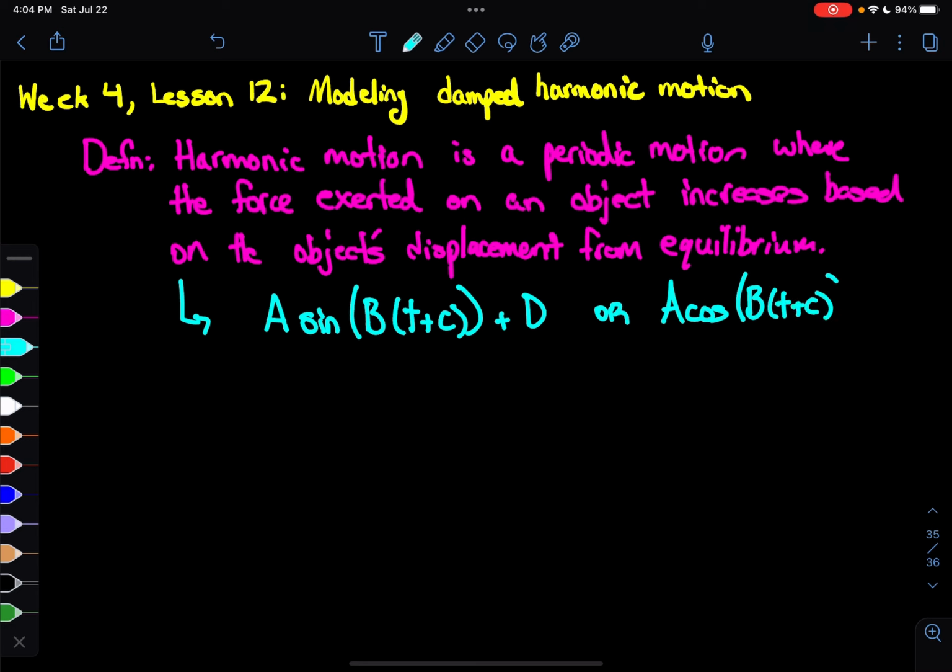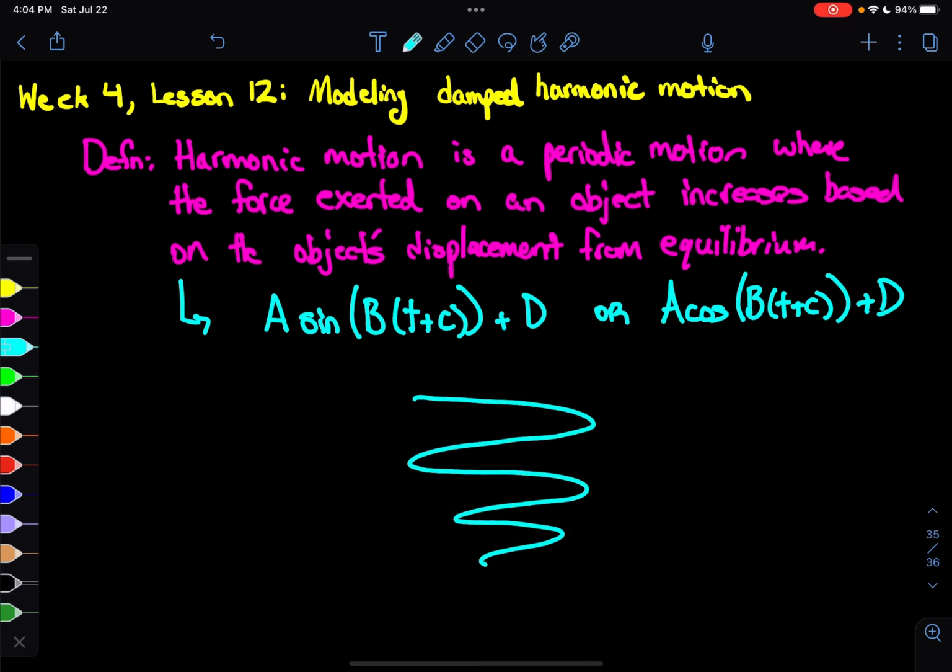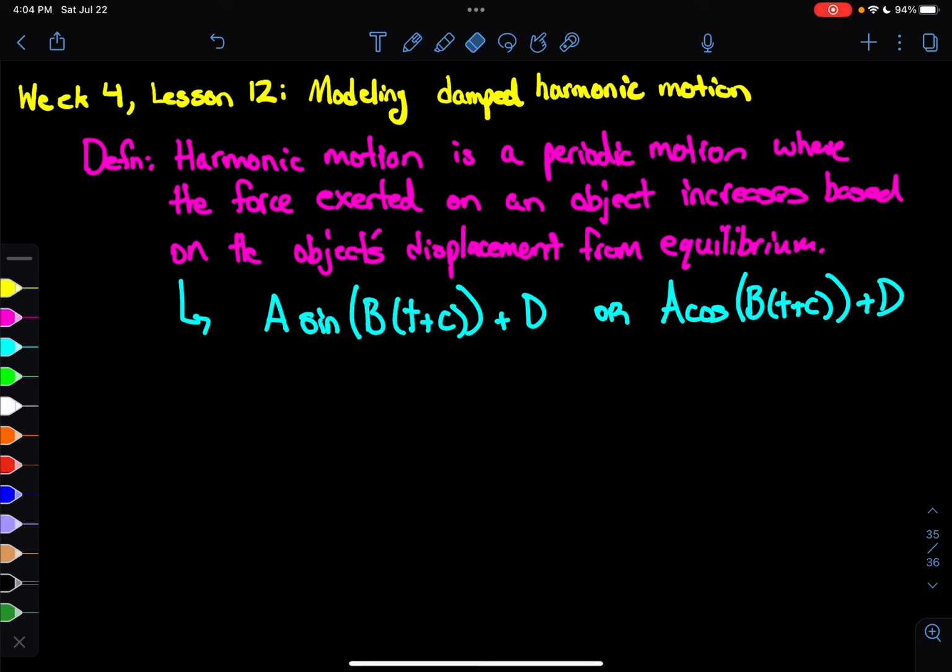We can use either one of these. But in reality, we know that over time, if we let go of that box, it'll oscillate back and forth and back and forth, and then it should come to rest right at the equilibrium. That's what should happen. And so the question is, how do we take into account damped harmonic motion?